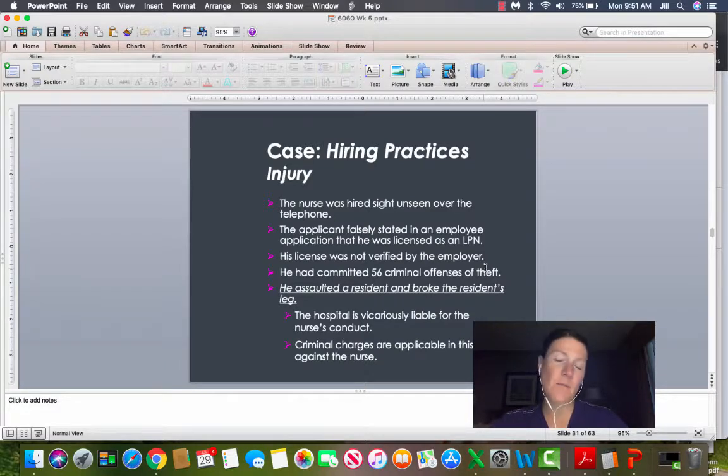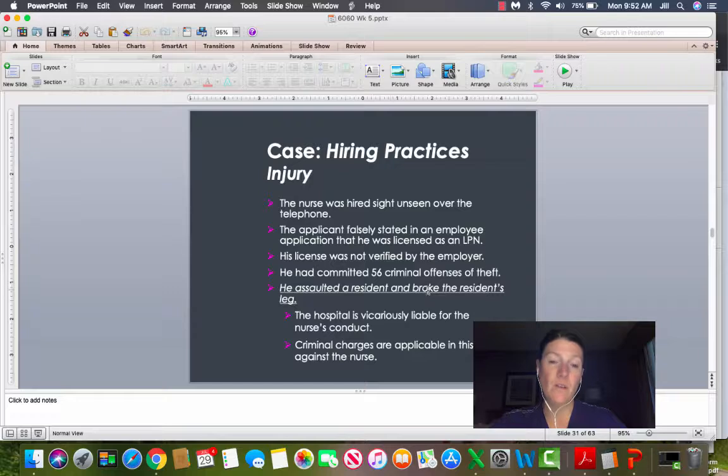If you have committed a small infraction in your past and you show progress toward rehabilitation, I think that makes good sense. But in this case, the person committed 56 criminal offenses in the past. We didn't know that. We didn't look at it. We did not verify their license. With that type of background, it's unlikely that the state would license them as a nurse.